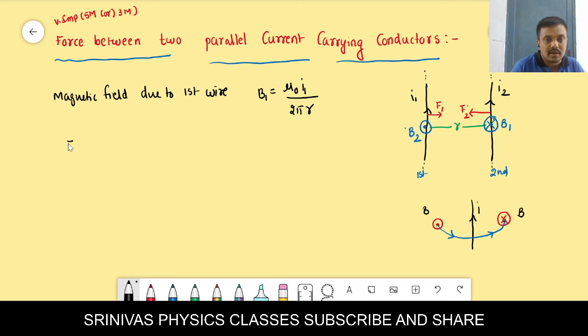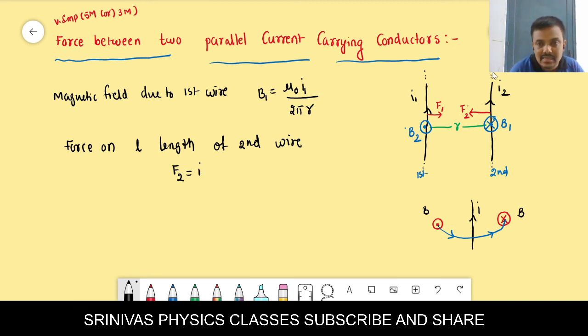Now, next step, I want the force on length L of the second wire, which is in the magnetic field of B1. Force on the second wire, that is F2. The force formula is I L B sin theta.